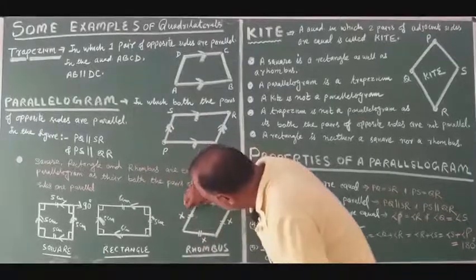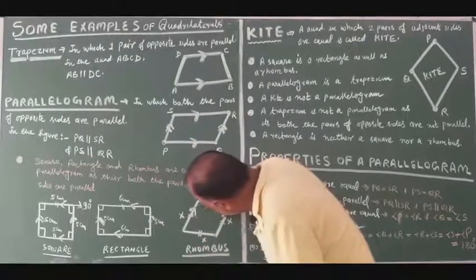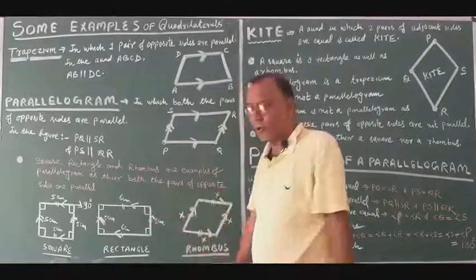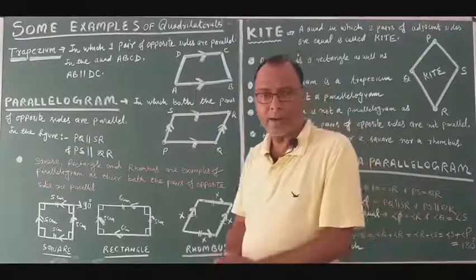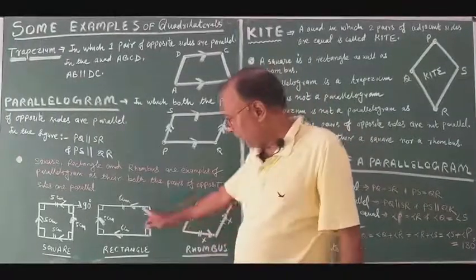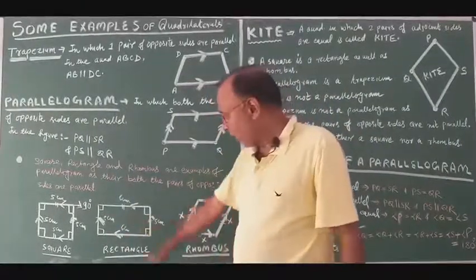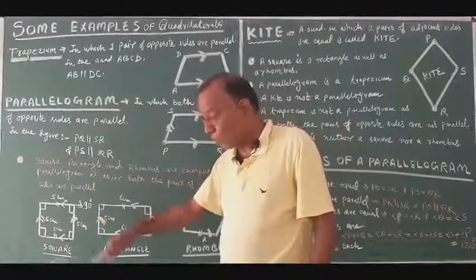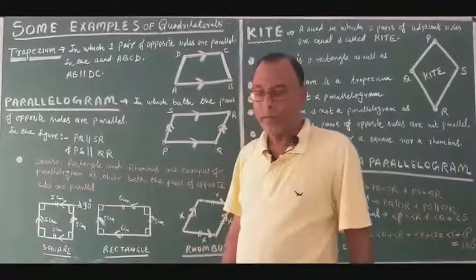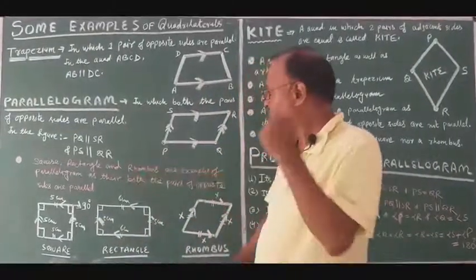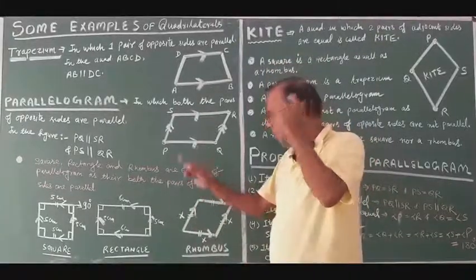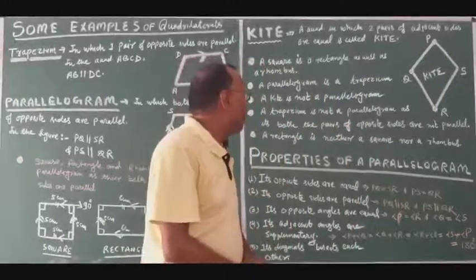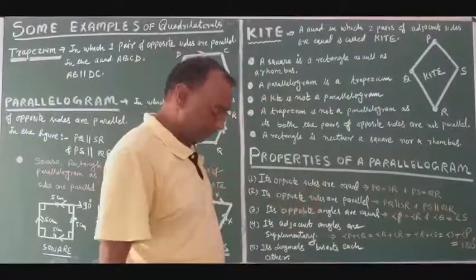Again here, this is parallel to this and this is parallel to this. In these three quadrilaterals, the square, rectangle and rhombus, both the pairs of opposite sides are parallel. Hence they are what? Parallelograms.